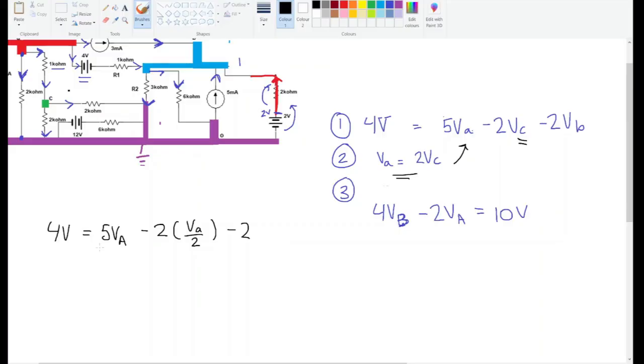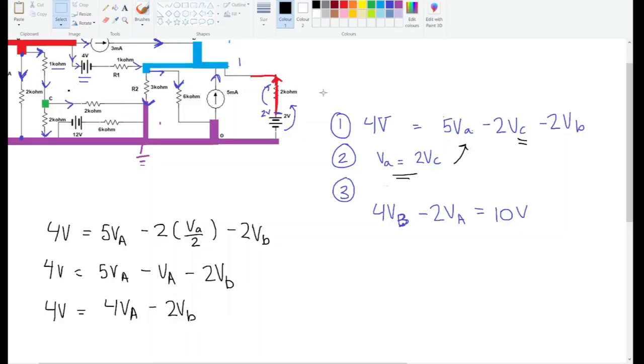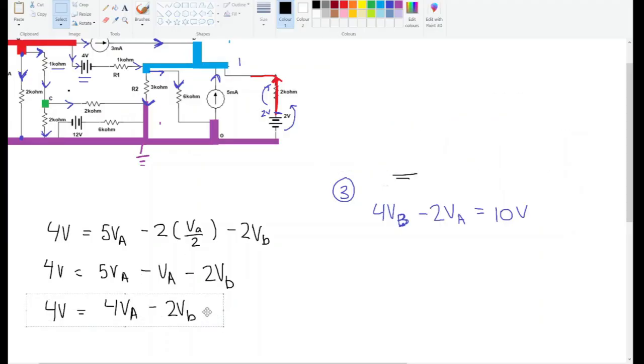So if we substitute in the VA, we get 5 VA minus VA minus 2VB. So that's that. We can get rid of these two equations because we put them together and created a better equation, which is this one here.